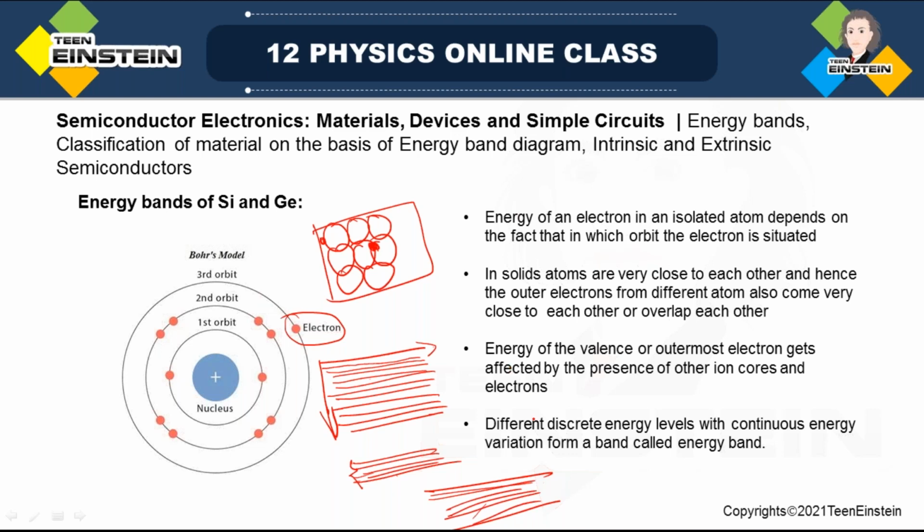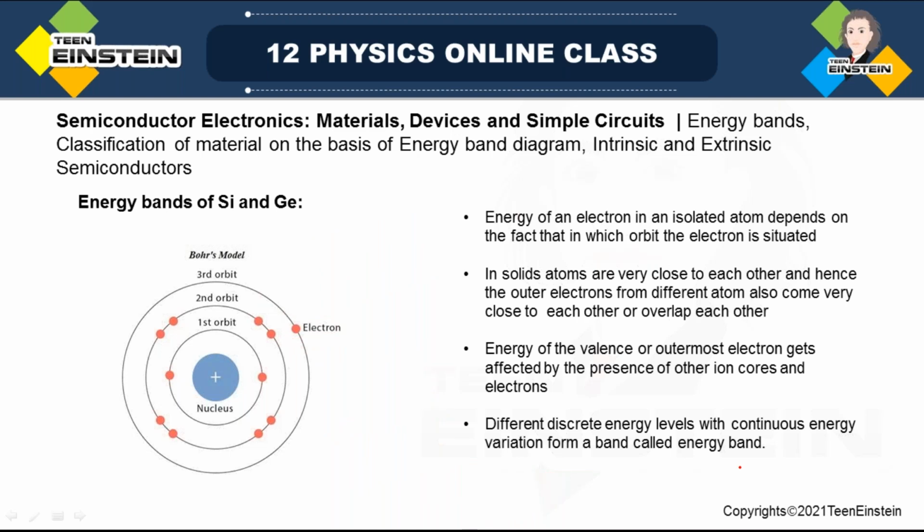Okay. So we have seen that different discrete levels with continuous variation form a band called an energy band. This is how they form an energy band when isolated atoms come closer to each other.